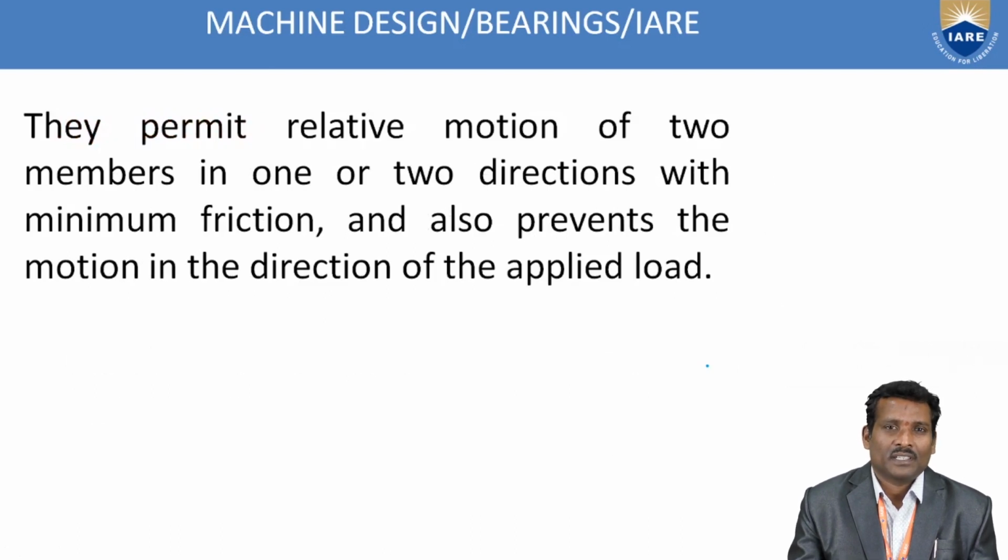The secondary function is that they permit relative motion of two members in one or two directions with minimum friction. That is the specialty of the bearing. So there are two types of functions: the primary function gives support to the rotating member, and the secondary function permits relative motion between the two surfaces.